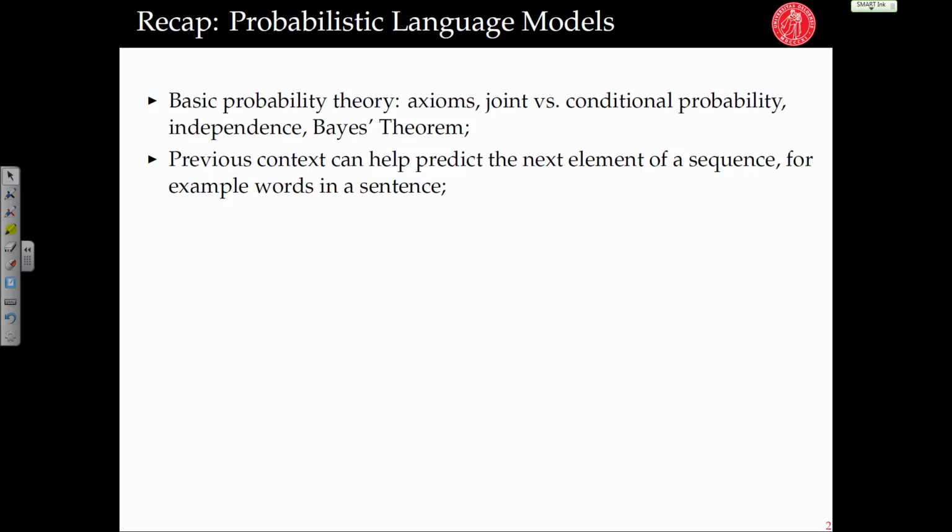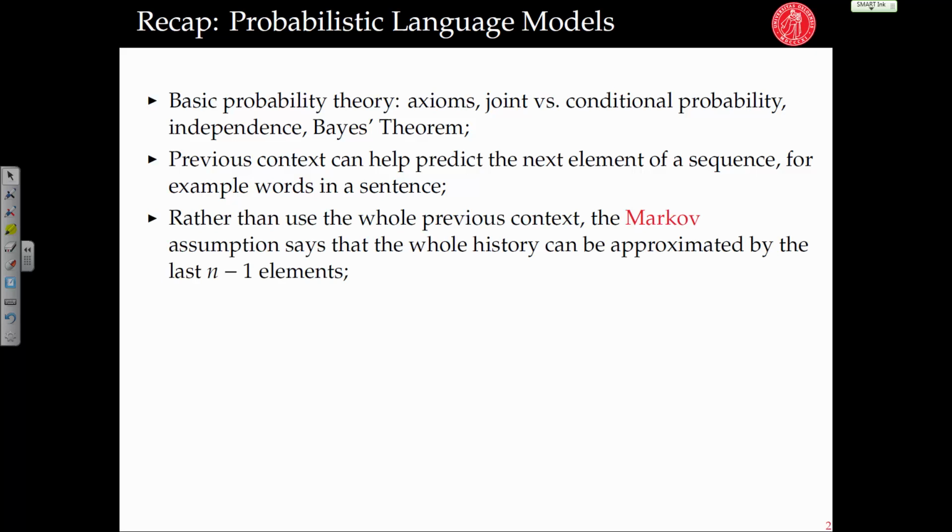So given the first few words, or 3 words in a sentence, what comes next? And also another aspect of that is assigning a probability to a full sequence. What's the probability of a sentence in English? So we said that previous contexts can help predict the next element of a sequence, and for example, words in a sentence.